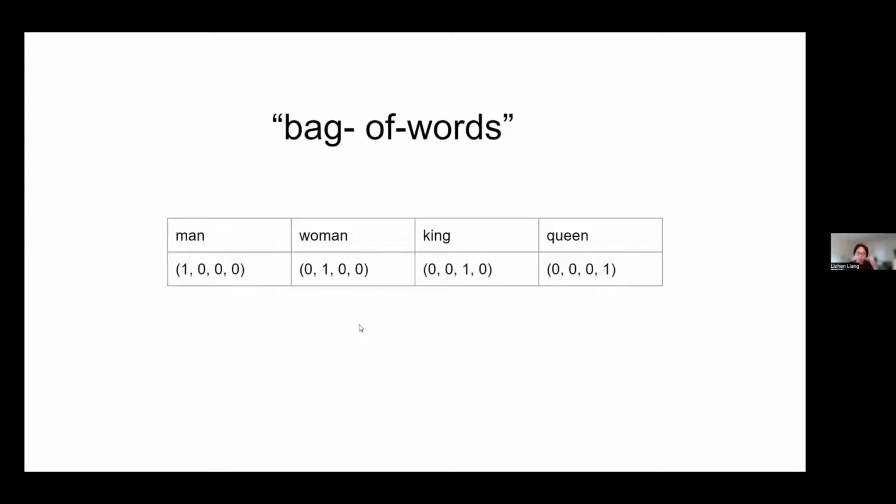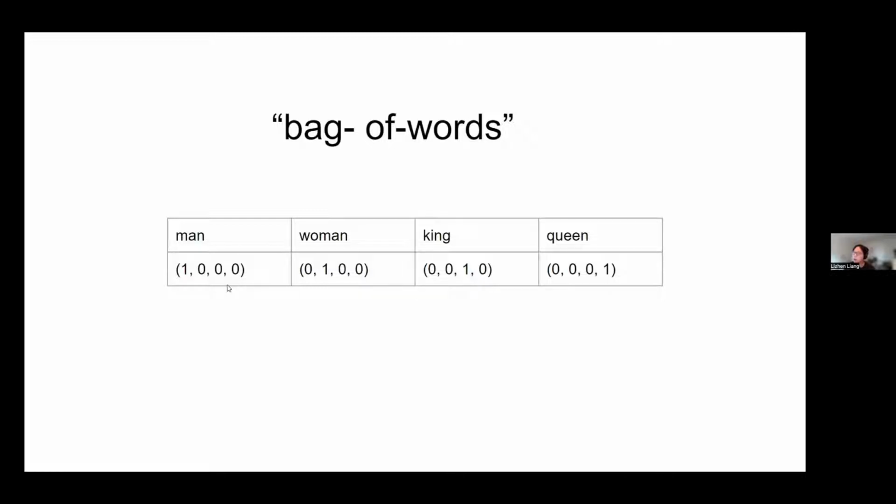So the bag-of-words model is a very effective way to represent language in a machine-readable form. But by using it, we are also losing a lot of information from the words, for example, semantic information. For instance, with this representation, the computer cannot tell the relationship between man, woman, king, and queen, because for it, it is just a 4-dimensional vector with 1s and 0s inside.